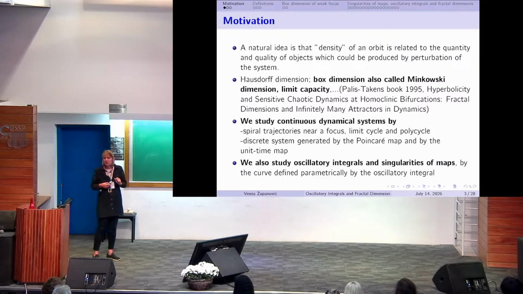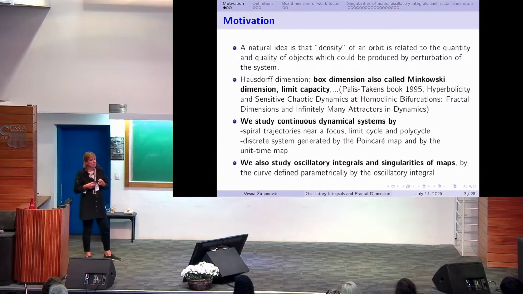But our point of view, of the research group in Zagreb and our collaborators, is a little bit different. We compute the box dimension of an orbit of a dynamical system.